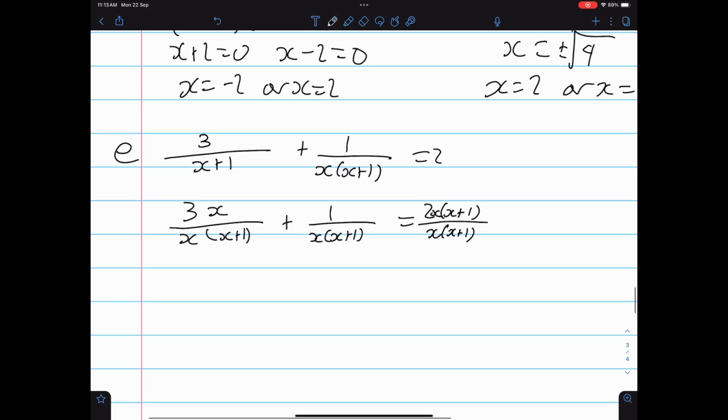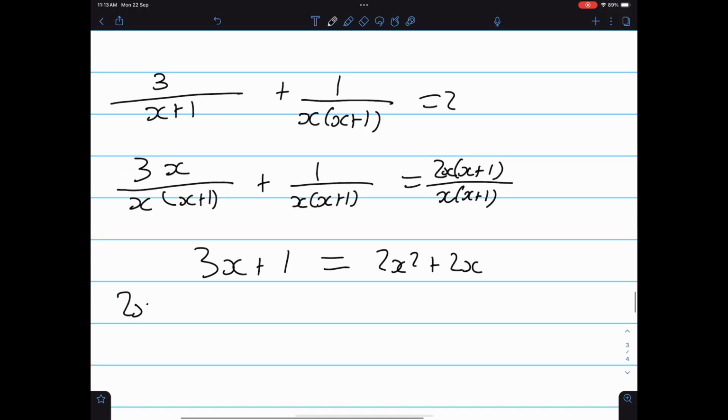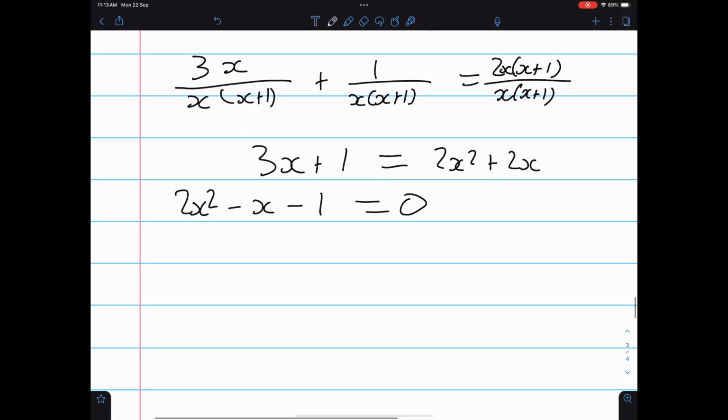And now the denominators are the same, so we ignore them. We rearrange. AC equals -2. In this case, you probably wouldn't even need to do this, but I clearly, as you can tell, insist.